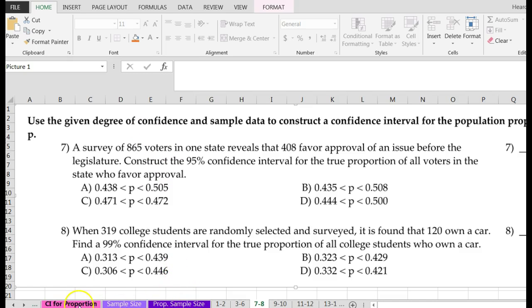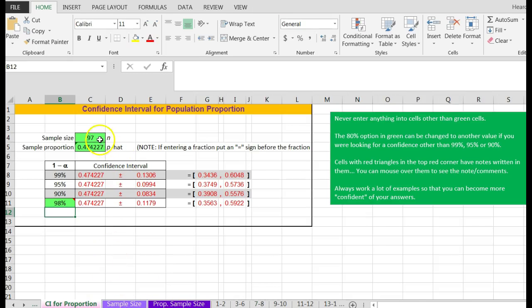Let's go to the confidence interval for proportions. My sample size is 865. My sample proportion, I'm going to type an equal sign and say 408 divided by 865. Hit the enter button. And I need, what was it, the 98 or 99%?